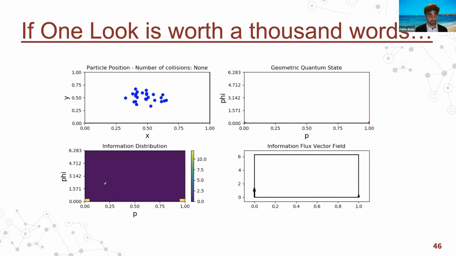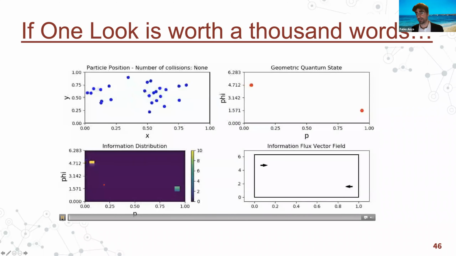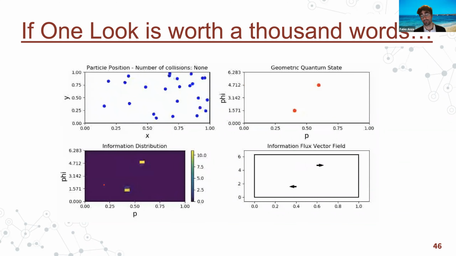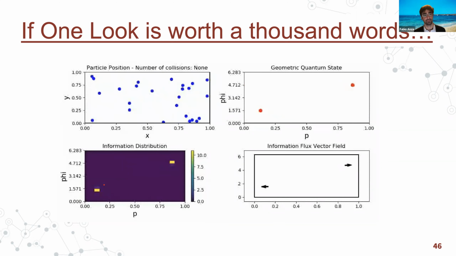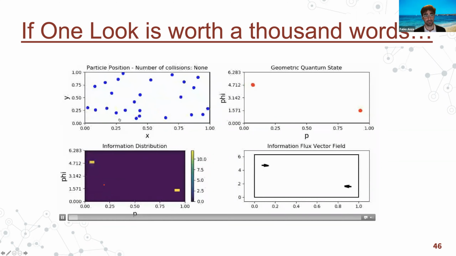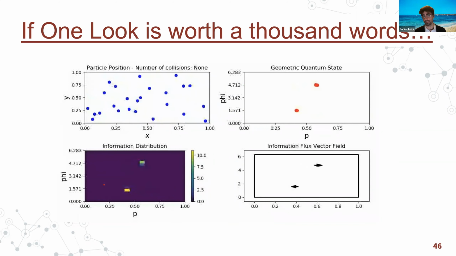So this is another example of a numerical simulation of this situation. Here you have basically a classical gas. In the top left corner, you see a classical gas of particles.